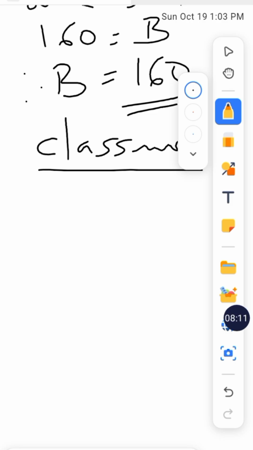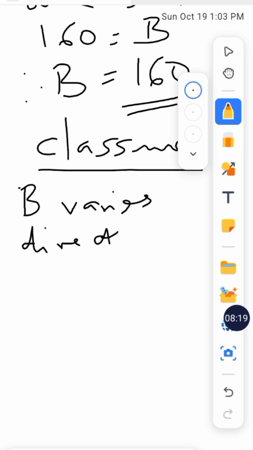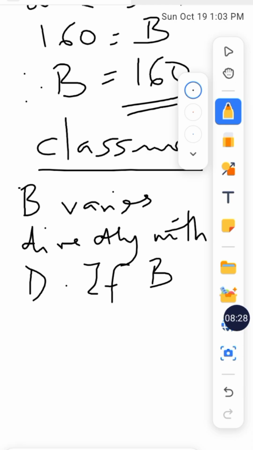Okay, so B varies directly with D. If B is 200, D is 400.